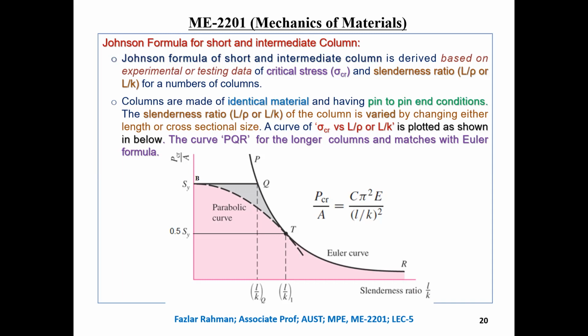Even sometimes a column is physically very short, but it might behave like a long column. So what we'll do, after you come back from the break, we will derive the Johnson formula for short and intermediate columns. Okay, so I'm giving you a 5-minute break.